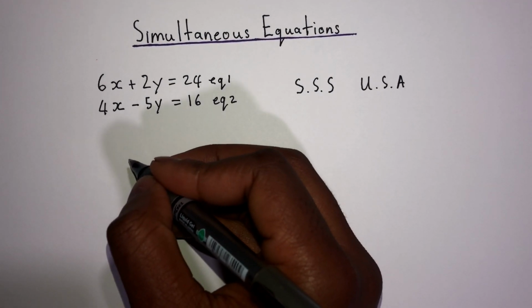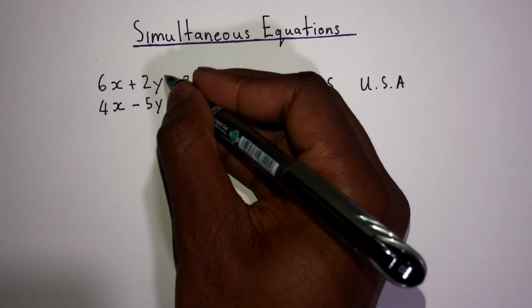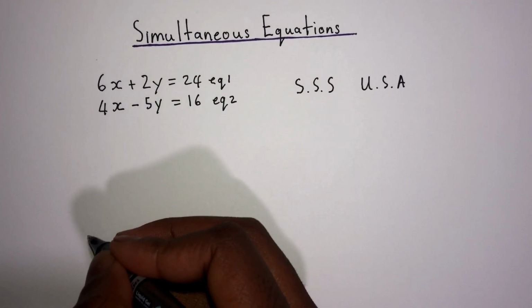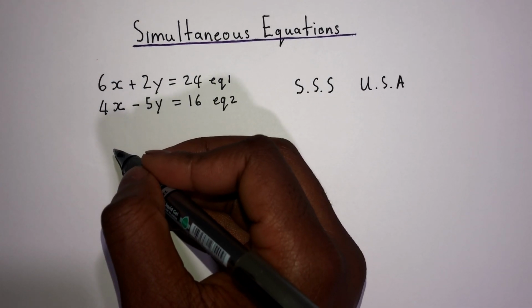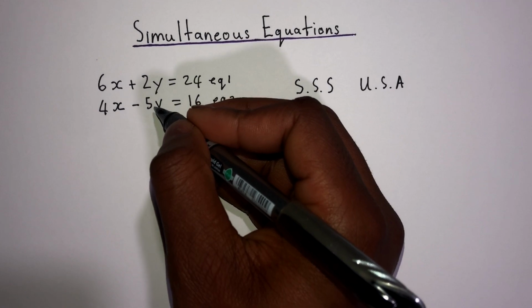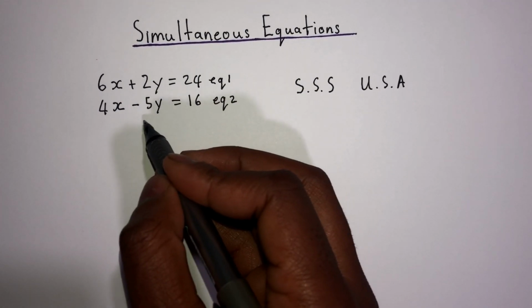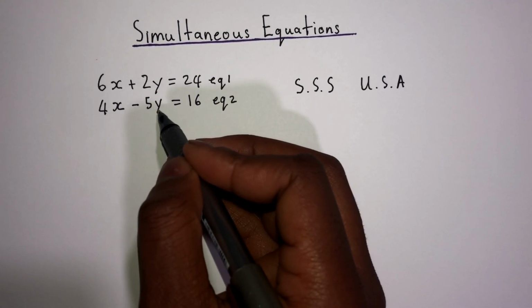Good. So in this lesson, we are going to eliminate the y terms. We're now going to look at the coefficients of the y terms, and we can see that for equation 1 it is 2, and for equation 2 it is 5.